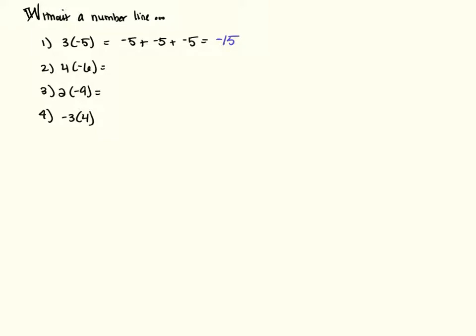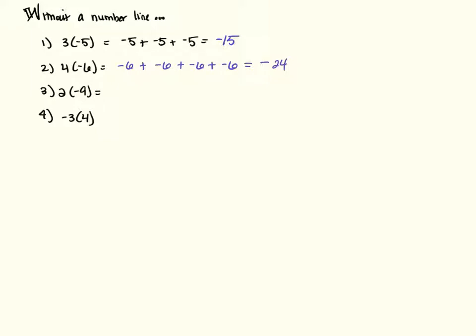So number 2, we've got 4 groups of negative 6. So negative 6 plus negative 6, I'm going to write this out 4 times. So we know that we keep getting further negative, so my answer is going to be negative. Well, 6 and 6 is 12, and then another 12 will be 24. So negative 24 is your answer.